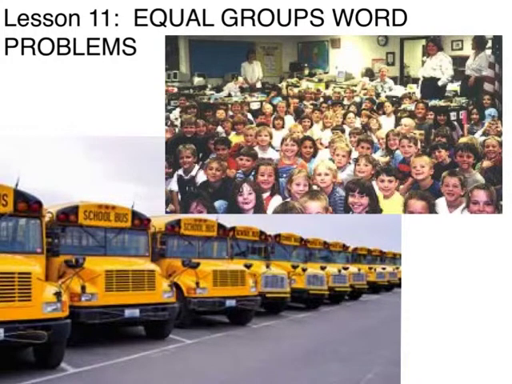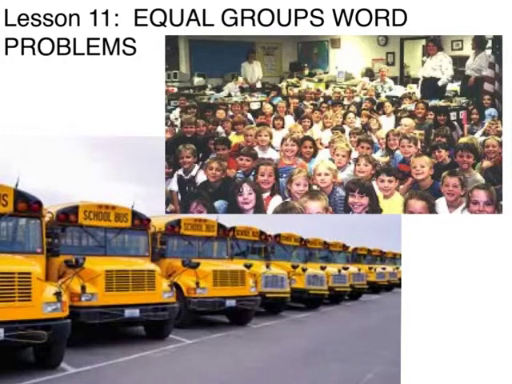Alright, so the book talks about having school buses and children on the school buses, and it talks about how 42 students can ride on each bus, and that's about right. And let's say there are 12 buses.